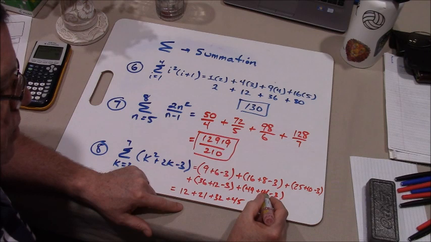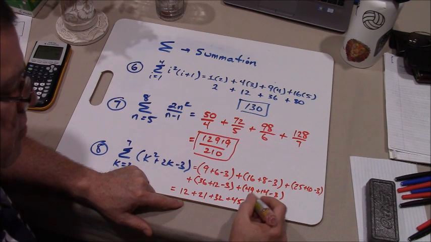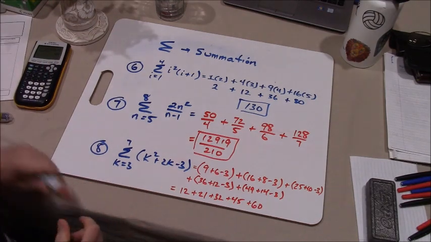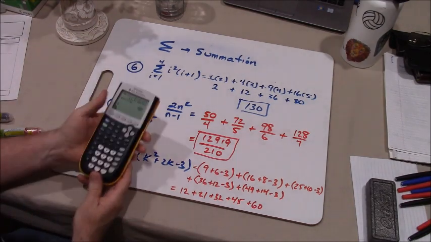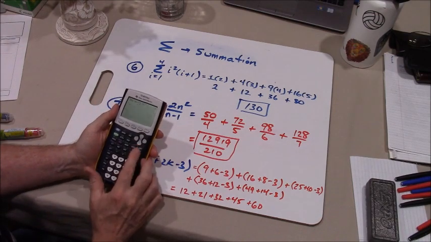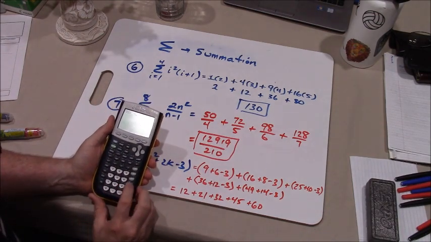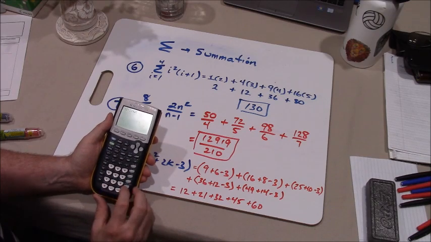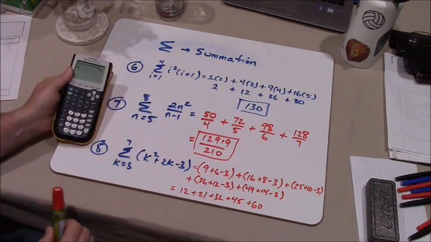And then 49 plus 14, that would be, let's see, 63. Minus 3, that would be 60. And now if I add those up, I'll go ahead and use the calculator to do that. I've got 12 plus 21 plus 32 plus 45 plus 60. 170 is my final answer.